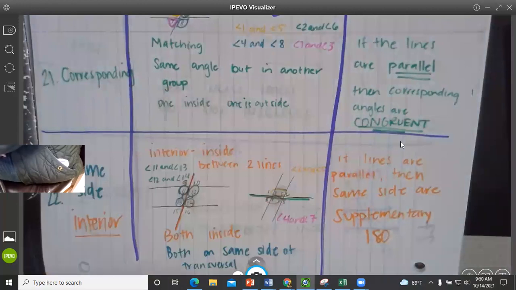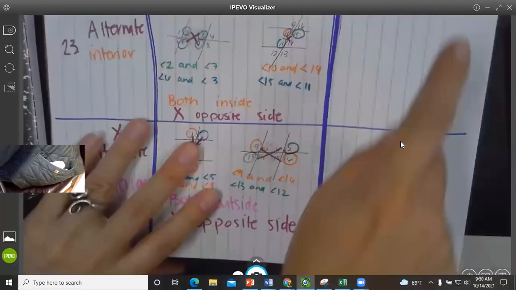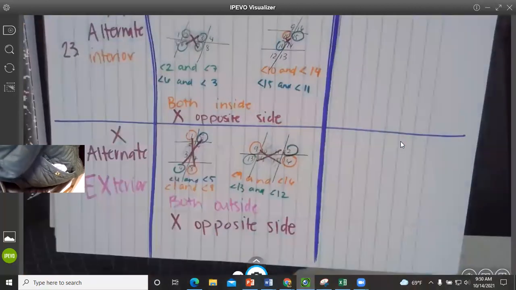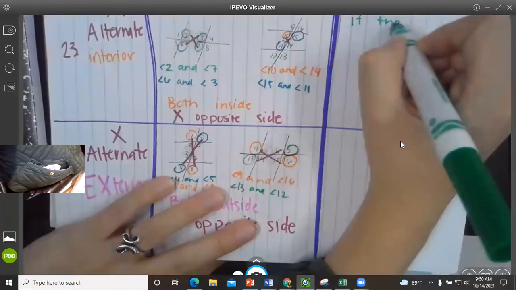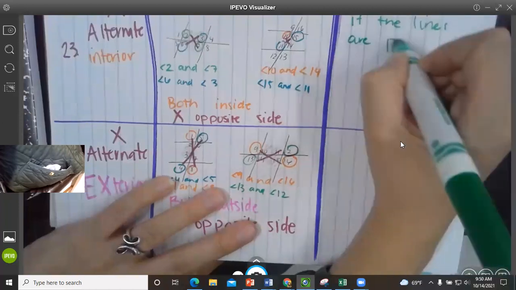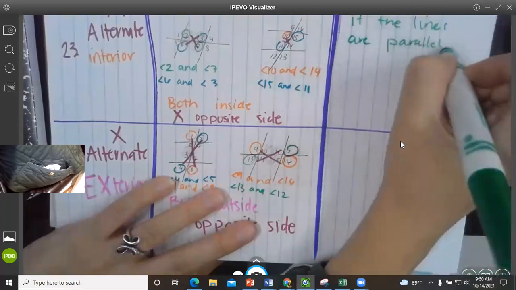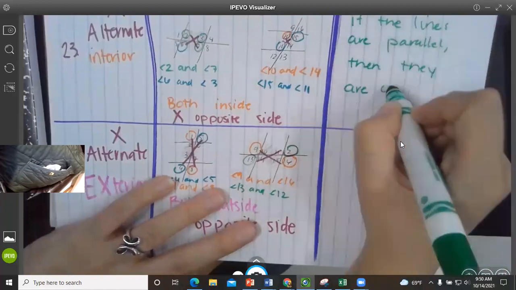Okay, can I turn over to 29? So it's exactly what he just asked. For alternate interior, it's the same thing. If the lines are parallel, then they are congruent.